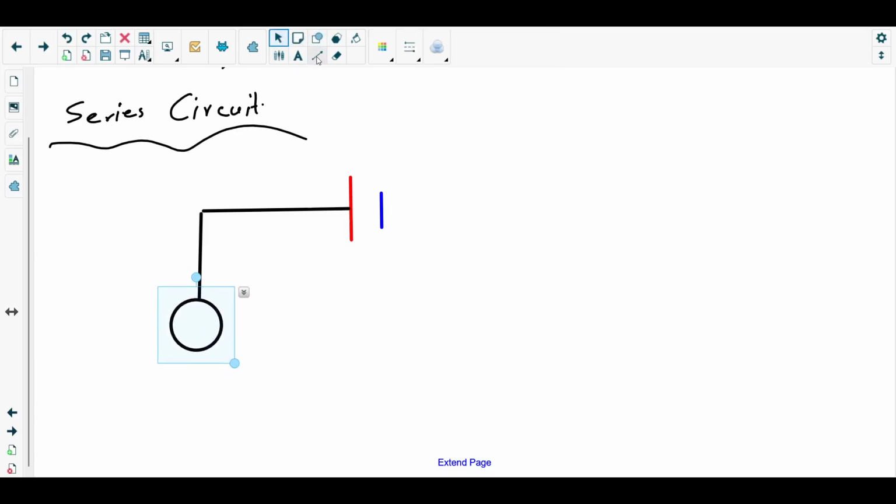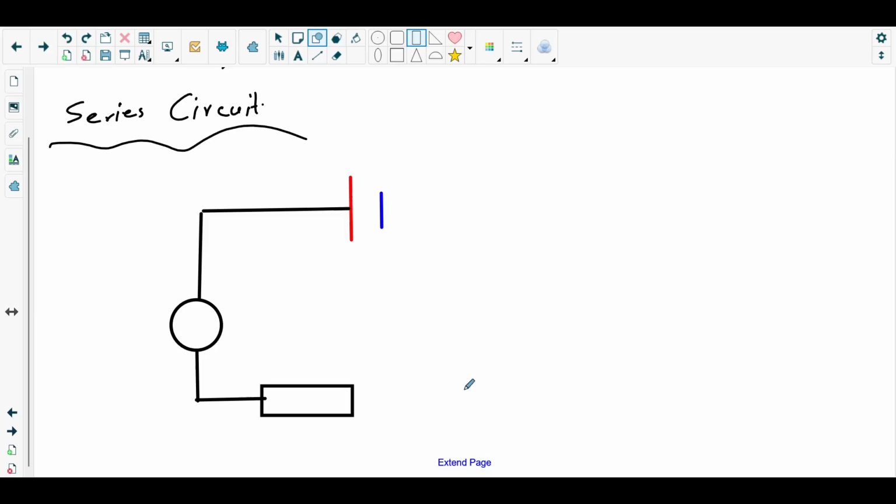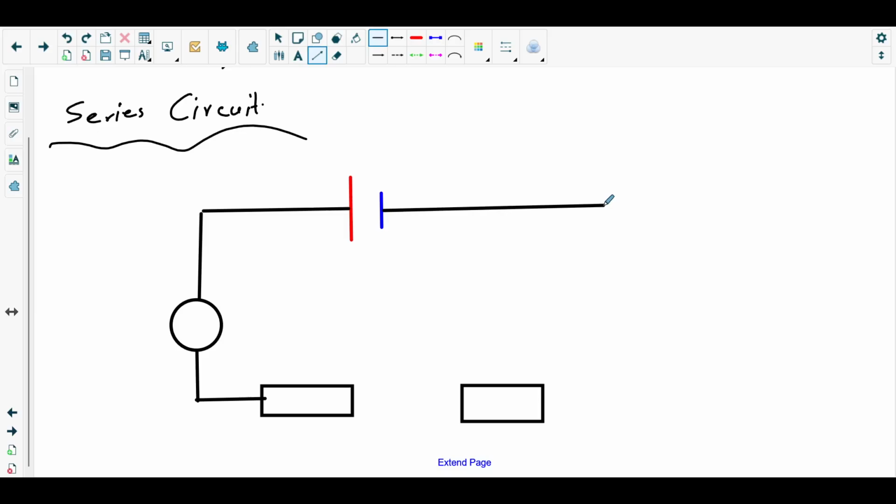Then we need two resistors. For just understanding, I'll add here two resistors, two fixed resistors to be specific. One is here, another one is here. And then I'll just connect the terminals to complete the circuit.